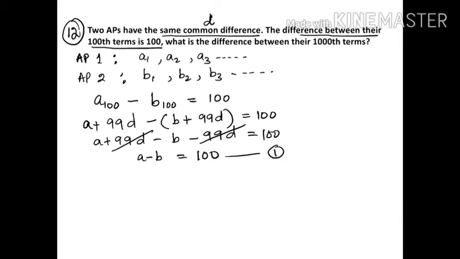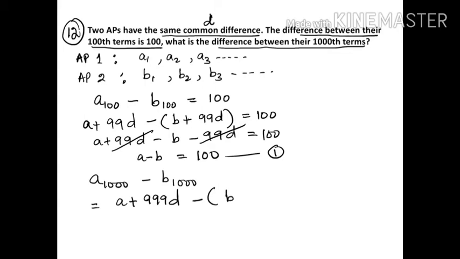We have to find the difference between their 1000th term. So A1000 minus B1000 will be equal to A plus 999D minus B plus 999D.